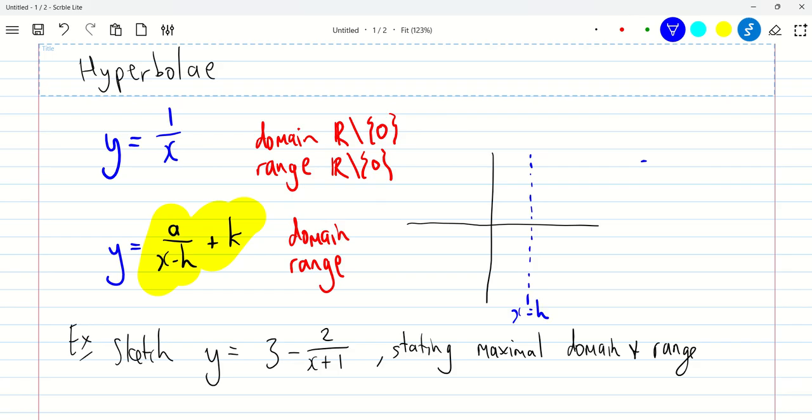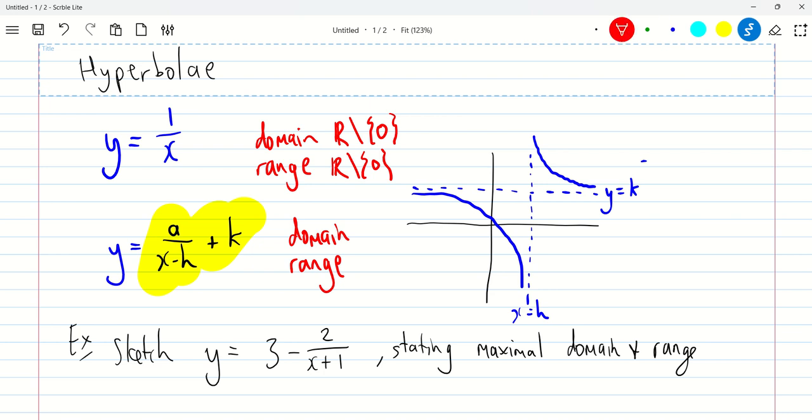And that plus k moves the asymptote to y equals k. So we're going to get asymptotes there and there. And you're going to get the top part of your graph looking like that, and the bottom part looking like that, at those two new asymptotes.